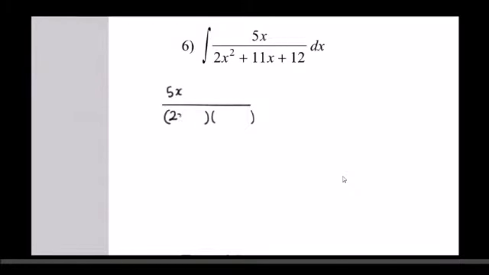Let's try a 4 and a 3. Looks like 8x, yeah, that'll work. 2x plus 3 times x plus 4. Again, two factors in the denominator tells me we're going to have two partial fractions.